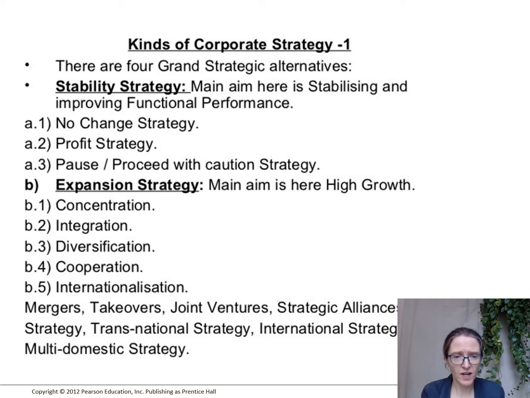Another strategic alternative is expansion strategy, the main aim being high growth. That can be done through concentrating, integrating, diversifying, cooperating, or internationalization. Ways of doing that could be takeovers, joint ventures, mergers, strategic alliances, and different types of strategy, either cross-national, international, or multi-domestic.